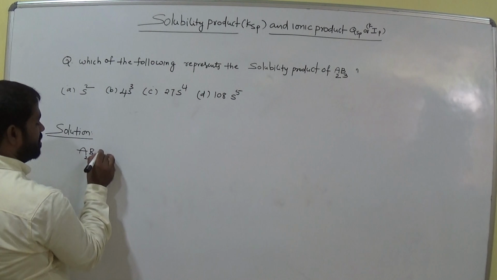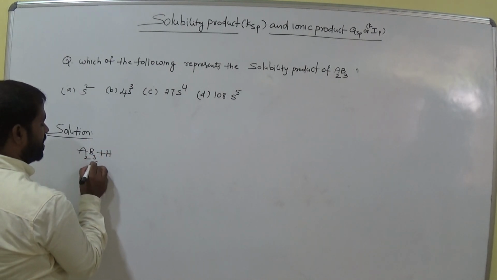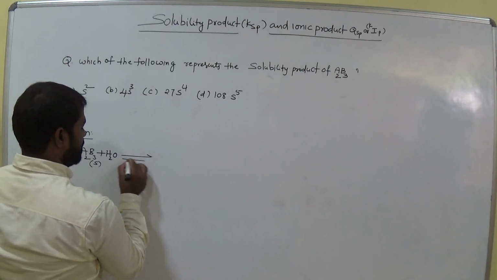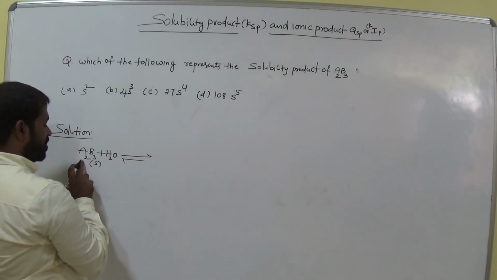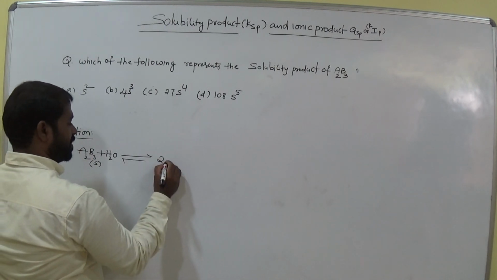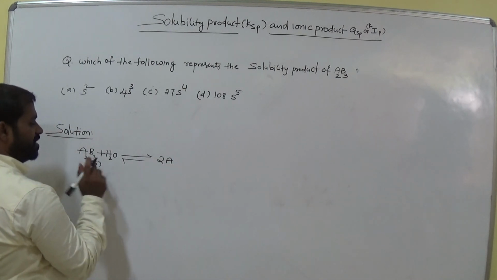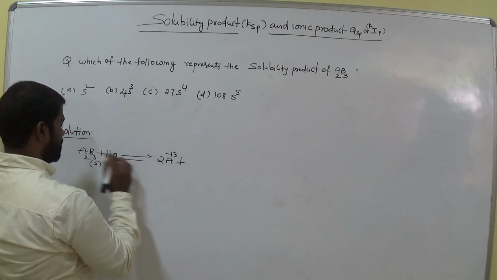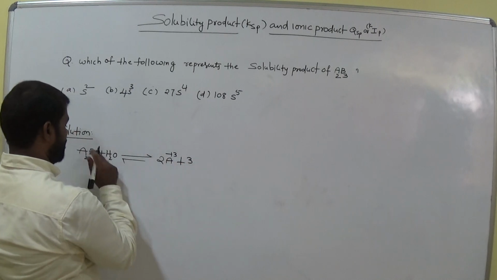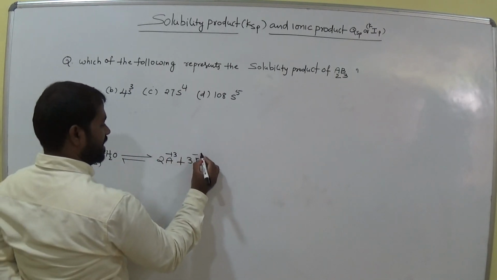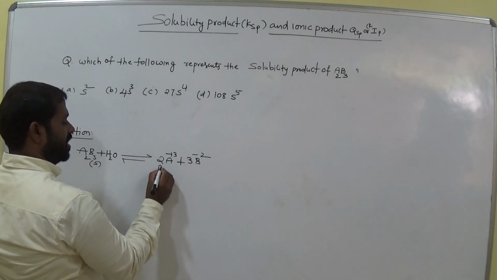Dissolved in water, it is a solid and the process is reversible. What does it give? How many A atoms do we have? 2. What is the oxidation state of A? Plus 3. Plus, how many B atoms do we have? 3. What is the oxidation state of B? Minus 2.